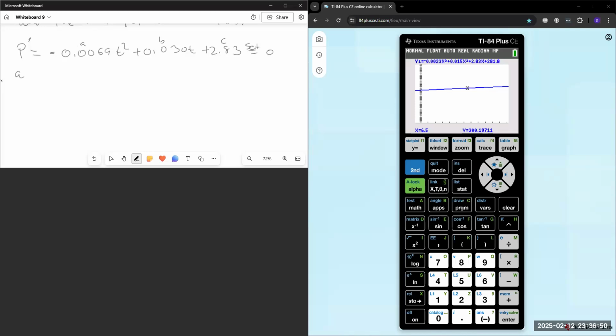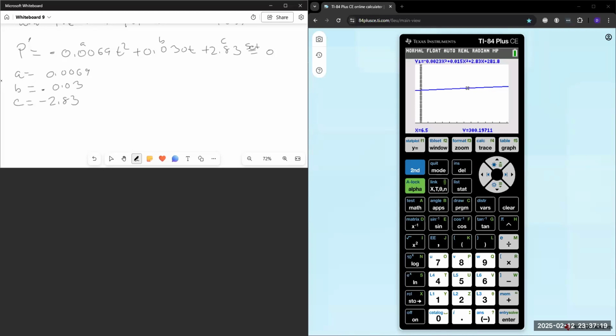A is equal to negative 0.0069. Let's go ahead and flip these signs. Let's multiply everything through by negative 1 to make A be positive. B will be negative 0.03, and C will be negative 2.83.